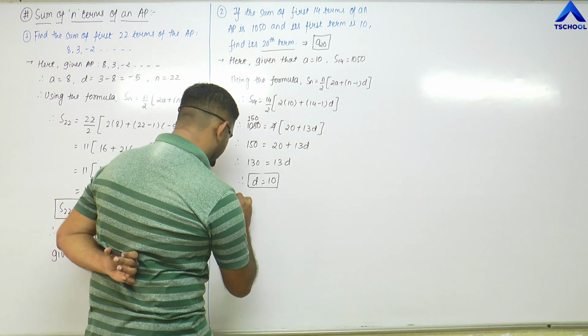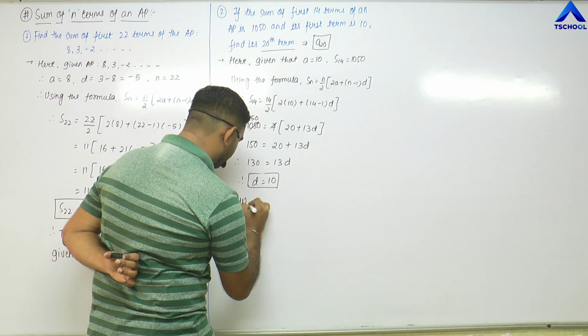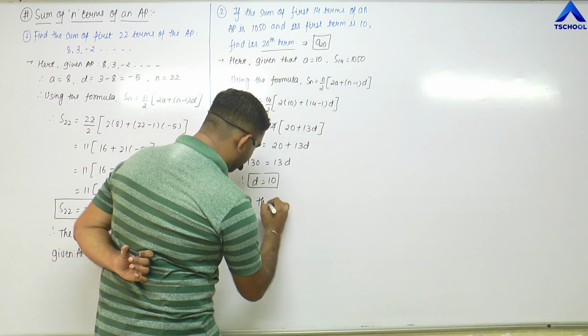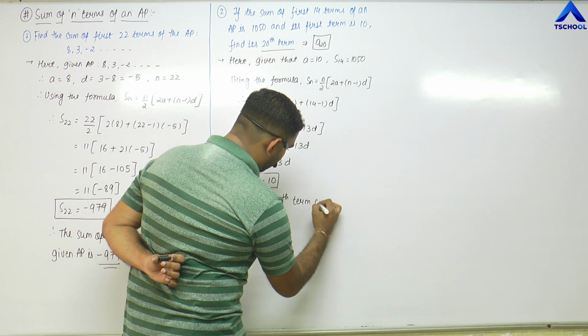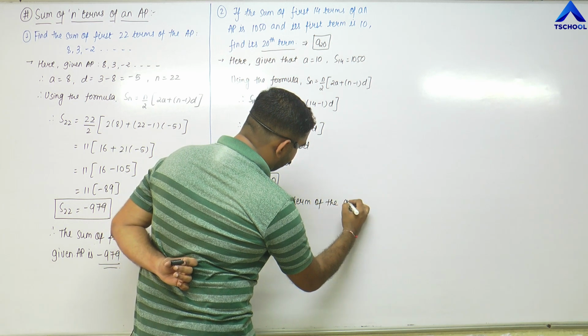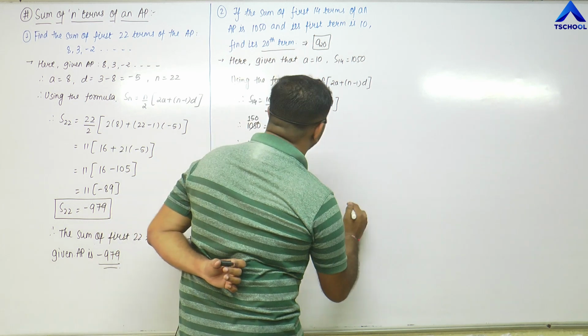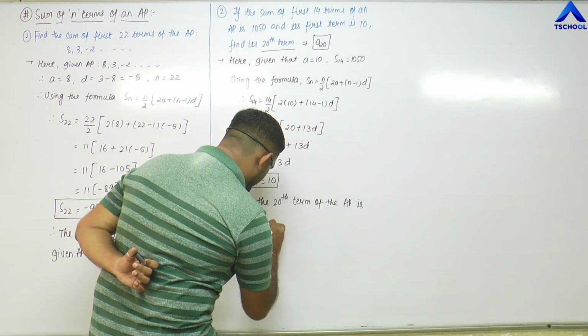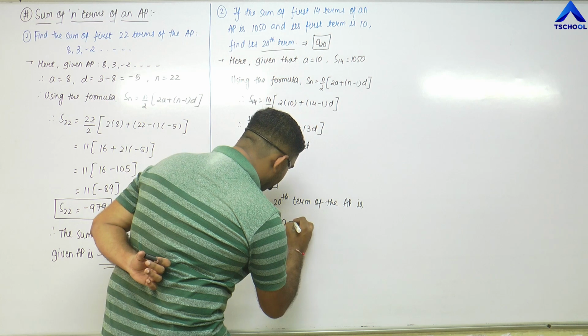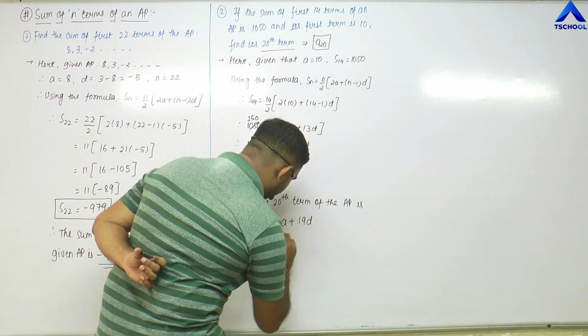Now the 20th term of the AP is A20, that equals a plus 19d.